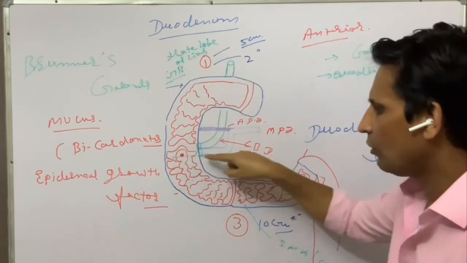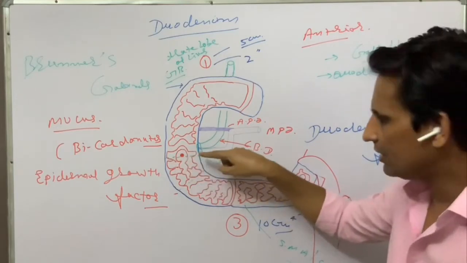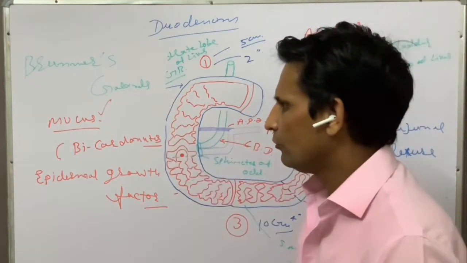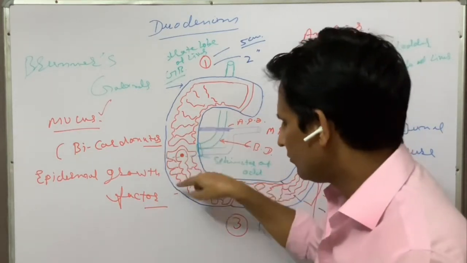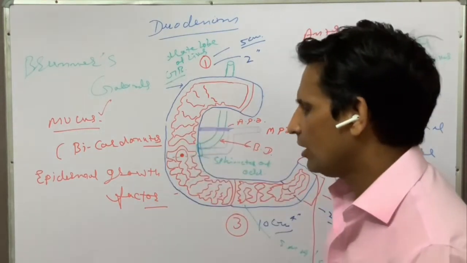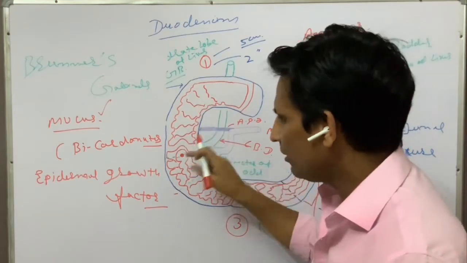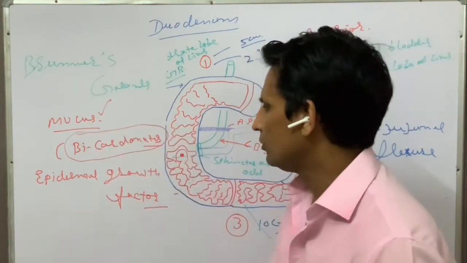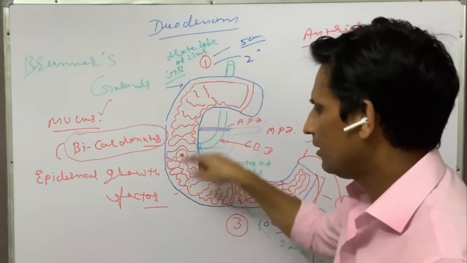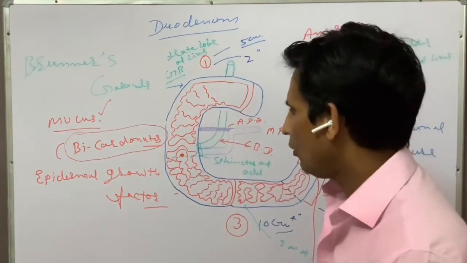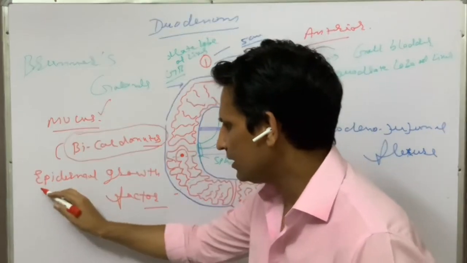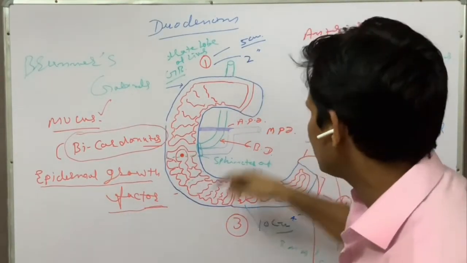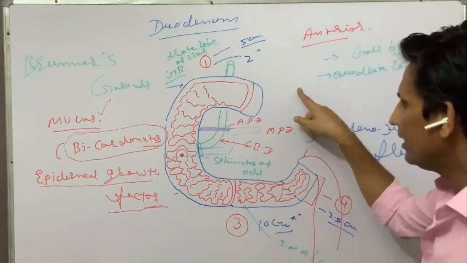above the sphincter of Oddi, and these glands secrete mucus which protects the internal layer of the lumen of the duodenum. Second, it contains bicarbonate which helps to neutralize the environment of the lumen. And third is epidermal growth factor, which inhibits the secretion of the parietal and chief cells.